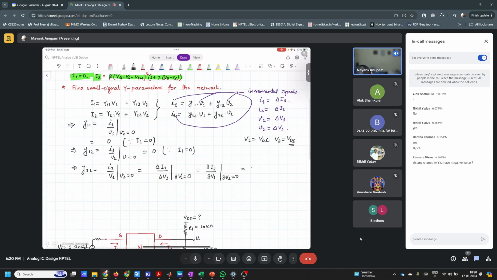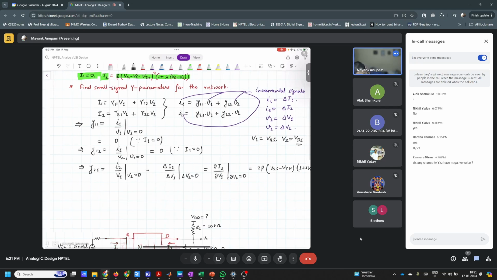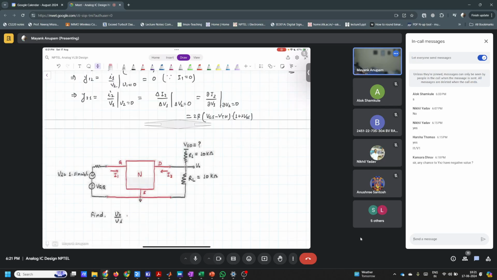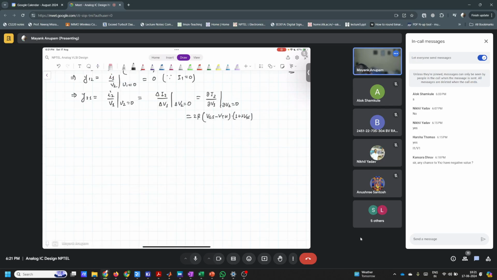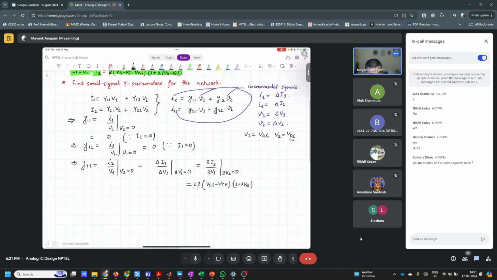This becomes 2 times beta (VGS minus VTH) into (1 plus lambda VDS), right? Am I correct?